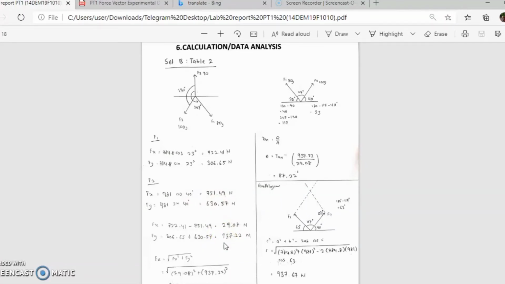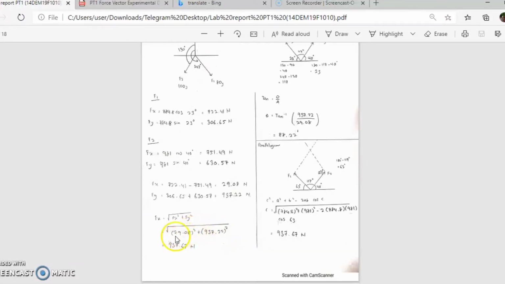And the value that we get for the resultant force for table 2 is 937.67 Newton. And the angle that we get is 88.22 degrees.